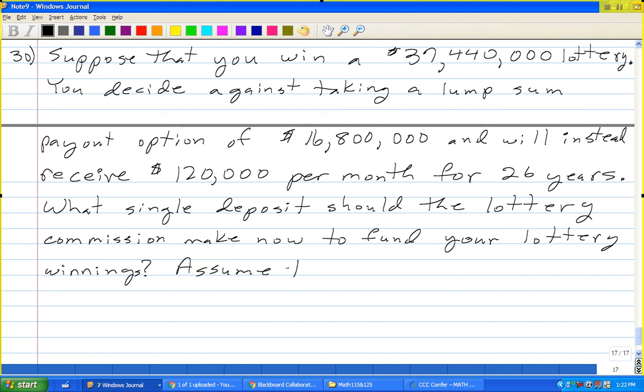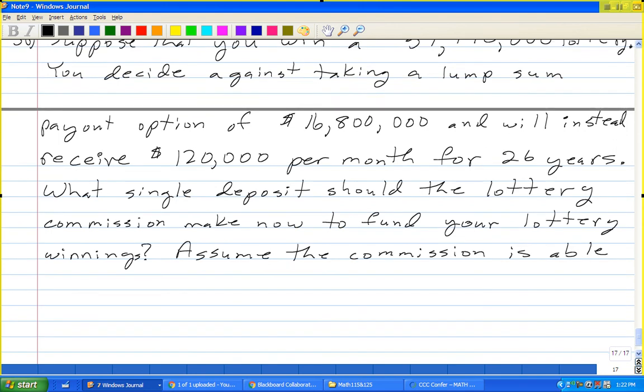So assume the commission is able to invest. Usually for states, they have a fixed annuity that they're guaranteed because they're a very big entity, and it's actually not too bad.